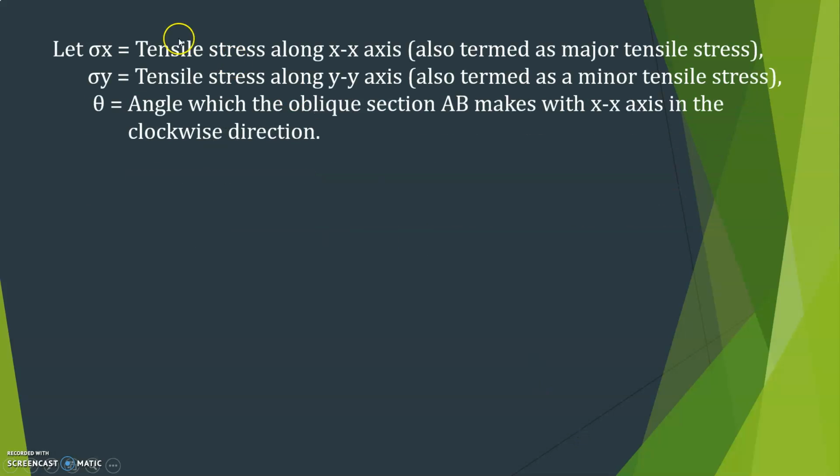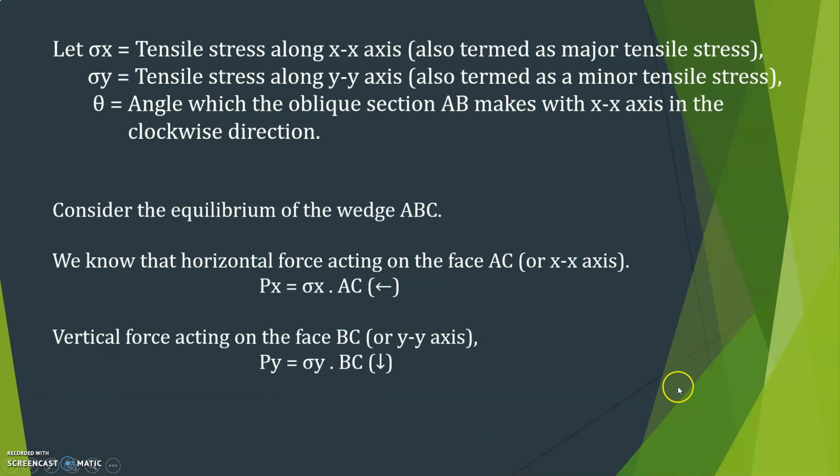Sigma x is tensile stress along x axis, termed as major tensile stress, and sigma y, tensile stress along y axis, is termed as minor tensile stress. Theta is the angle which the oblique section AB makes with x axis in the clockwise direction.